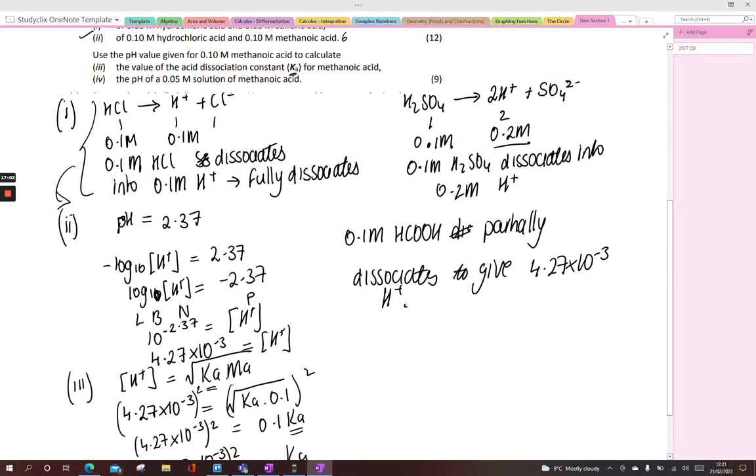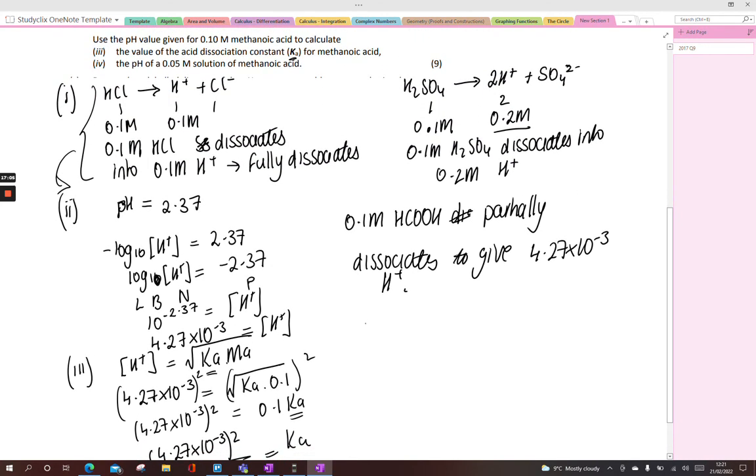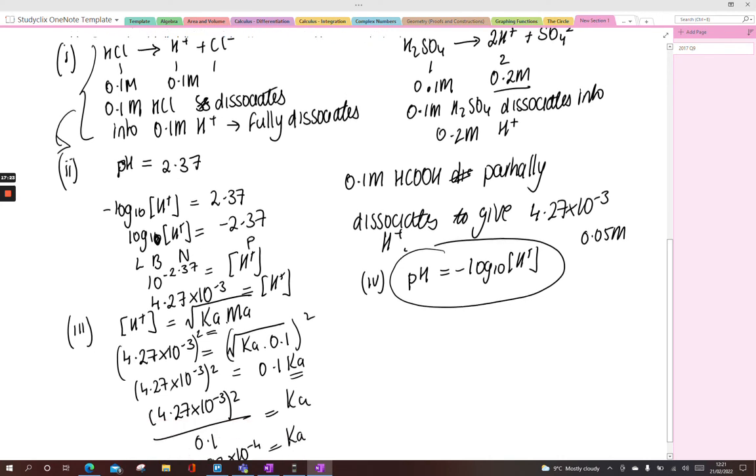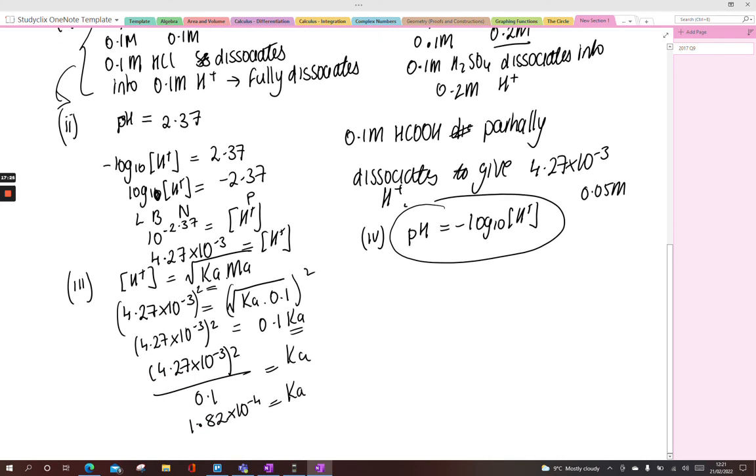And then the last bit of that question, the pH of 0.05 molar methanoic acid. I just wrote down for myself, anytime they ask me the pH or give me something with pH, again, creature of habit, write down what pH means. The negative log to the base 10 of hydrogen ion concentration.